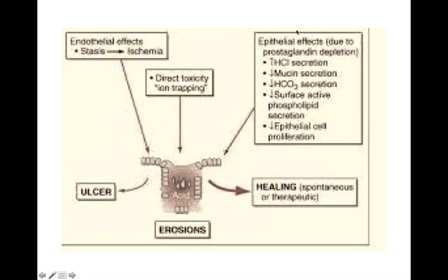They increase mucus production, they cause increased bicarbonate synthesis and also epithelial proliferation. So if NSAIDs or aspirin inhibit prostaglandin synthesis, the patient will have decreased mucus production, decreased bicarbonate synthesis and decreased epithelial proliferation. So NSAIDs exert their toxicity by two mechanisms, either by direct damage to the mucosa or because of decreased prostaglandin synthesis.